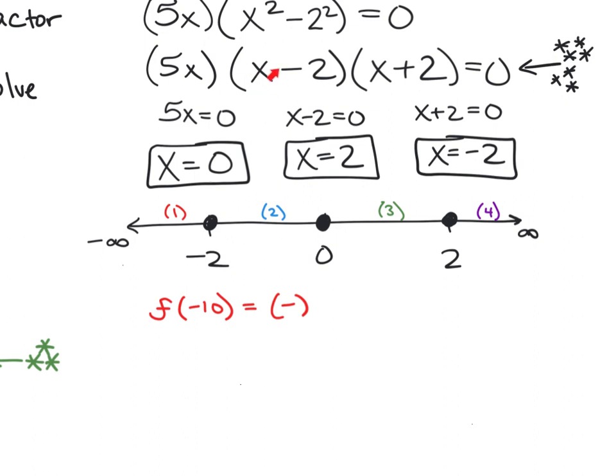If I plug a negative 10 into x here, is it positive or negative? Negative. If I plug a negative 10 right here, positive or negative? Negative. Okay, so I have negative times negative times negative. What is that? Negative. All right, so the first interval is below the x-axis.